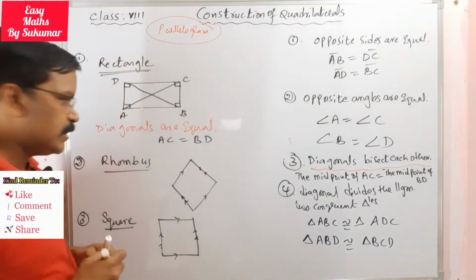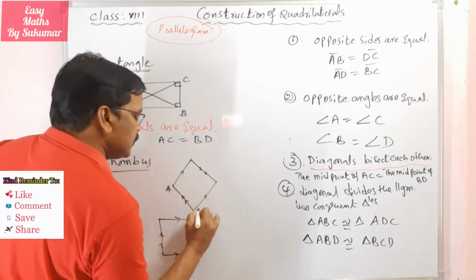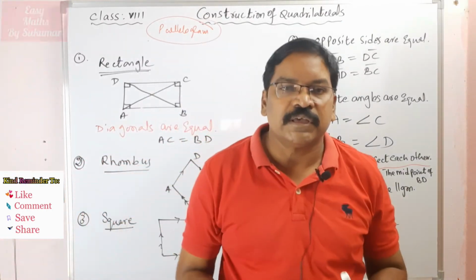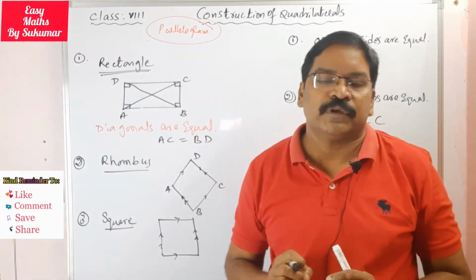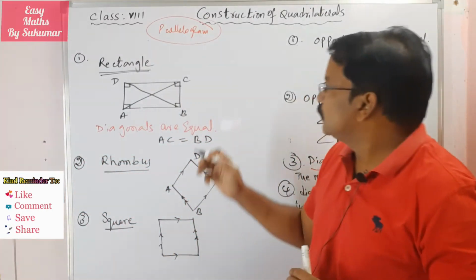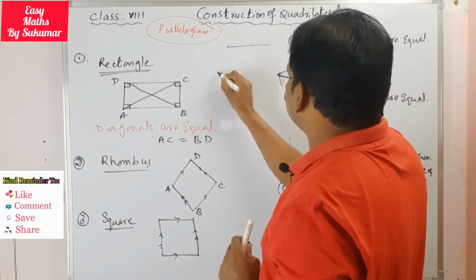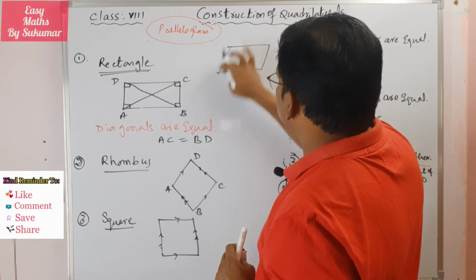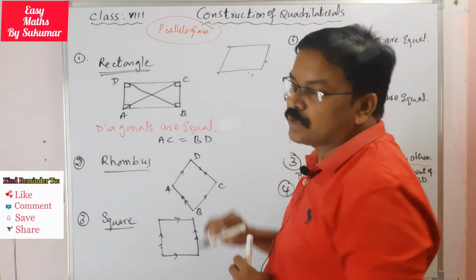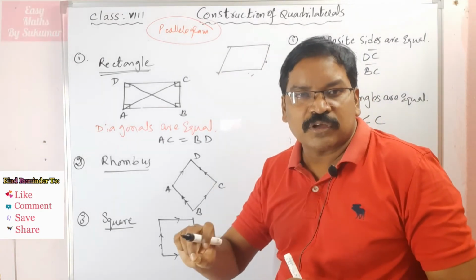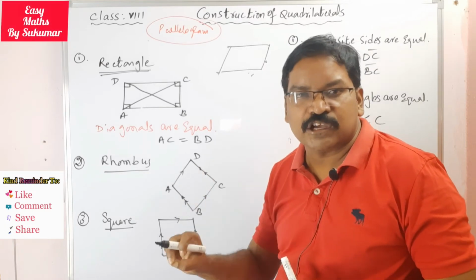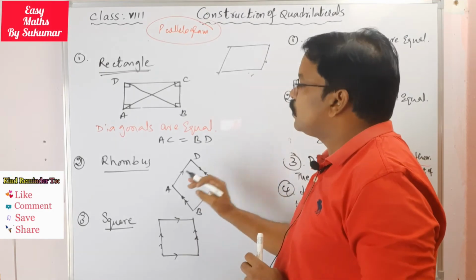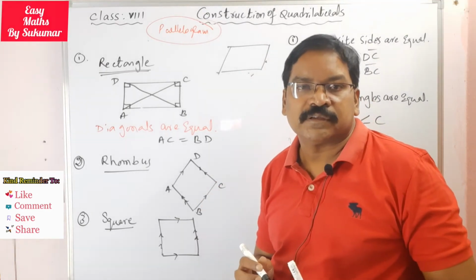Coming to the rhombus, my dear students, this ABCD is a rhombus. So how do you define a rhombus? Take a parallelogram. In a parallelogram, if the adjacent sides are equal, then this parallelogram is called a rhombus.